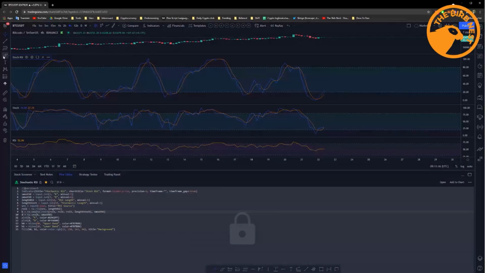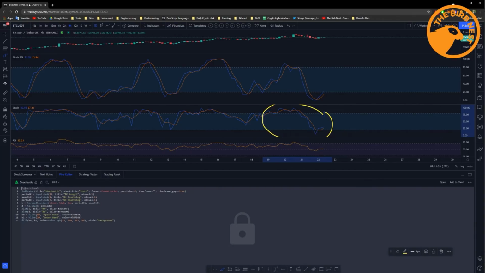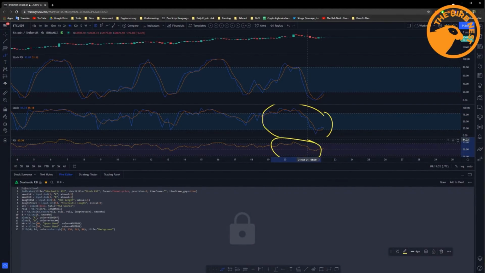And what it basically does is it calculates this stochastic RSI, which normally is calculated by putting in the close, high, low, but now it calculates it based on the RSI itself. So you have a stochastic indicator that's being calculated on a momentum indicator like the RSI. And that creates one line, the blue line.